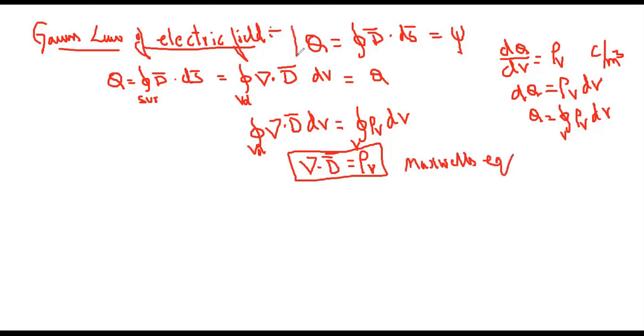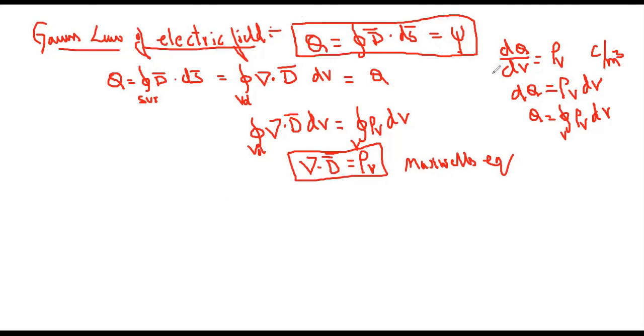By using Gauss law, Q is equal to the integral of D bar dot dS bar. You can derive the electric field intensity due to the surface, line, volume, infinite sheet, infinite line, and circular ring by using Gauss law also.